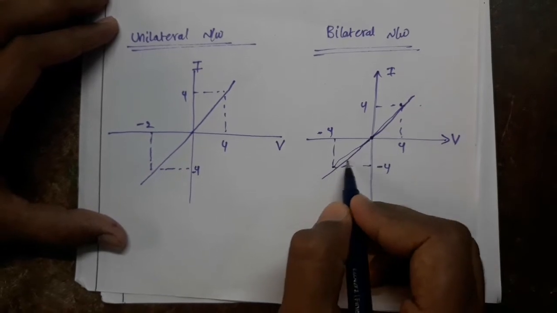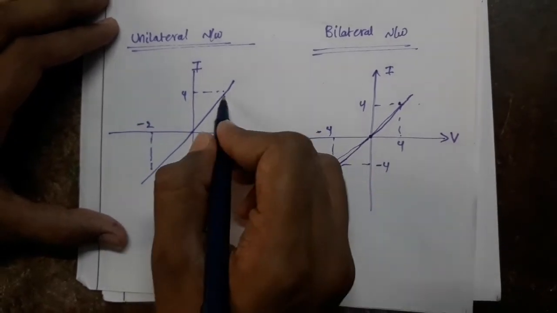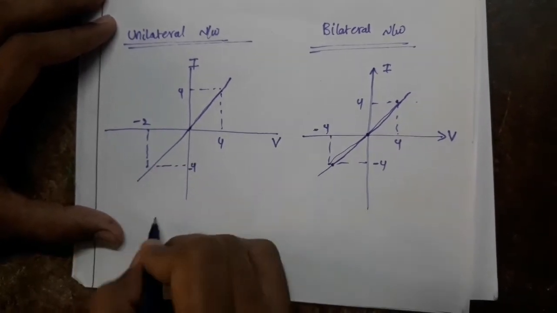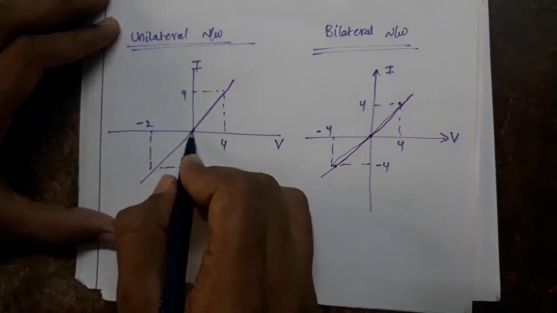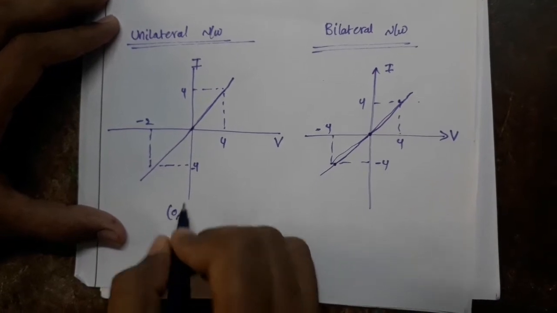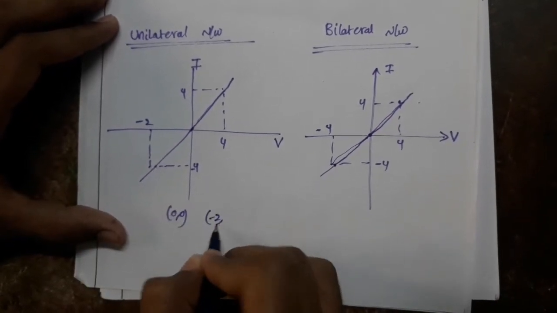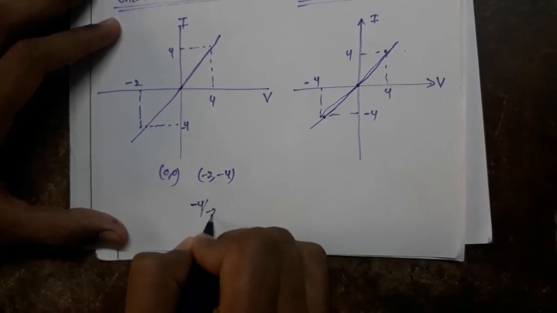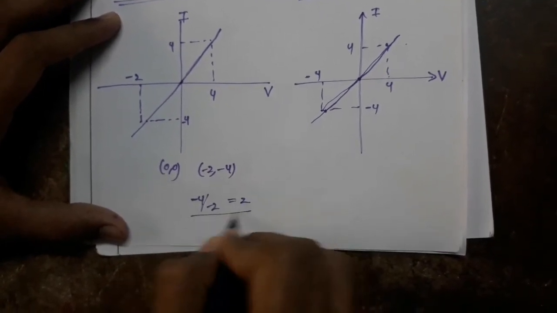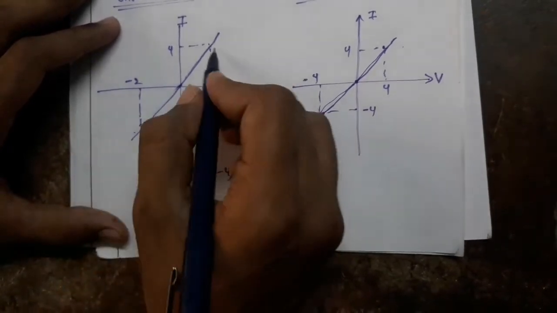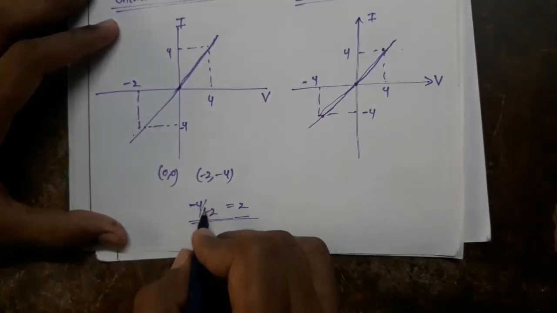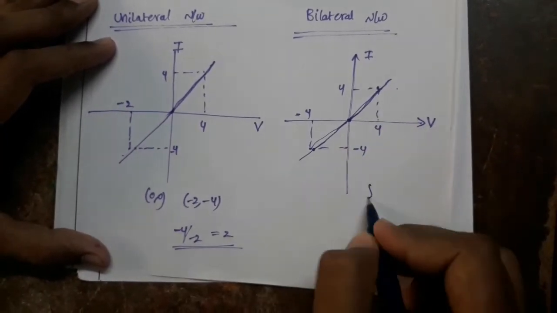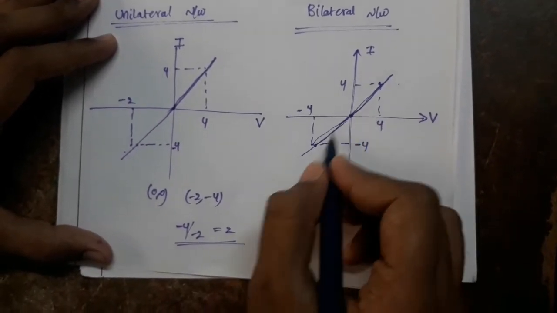From here to here, the slope is 1. Whereas from here to here, y2 minus y1 by x2 minus x1. Point 1 is 0, 0 and point 2 is minus 2, minus 4. So, minus 4 by minus 2, that is equal to slope 2. From here to here, the slope is 2. From here to here, the slope is 1 for the unilateral network. From here to here, bilateral network, slope is 1. From here to here also, slope equal to 1.